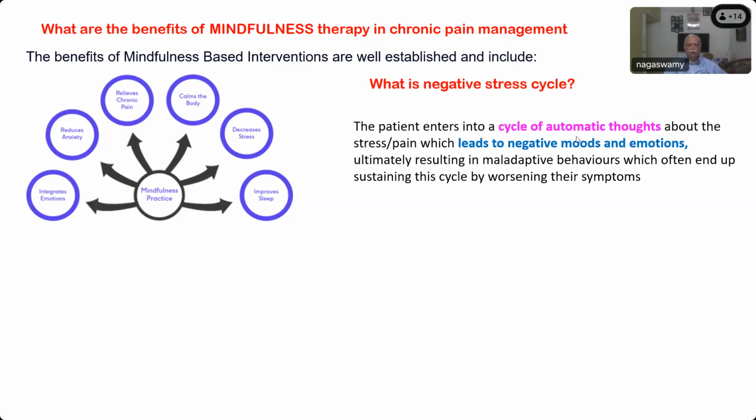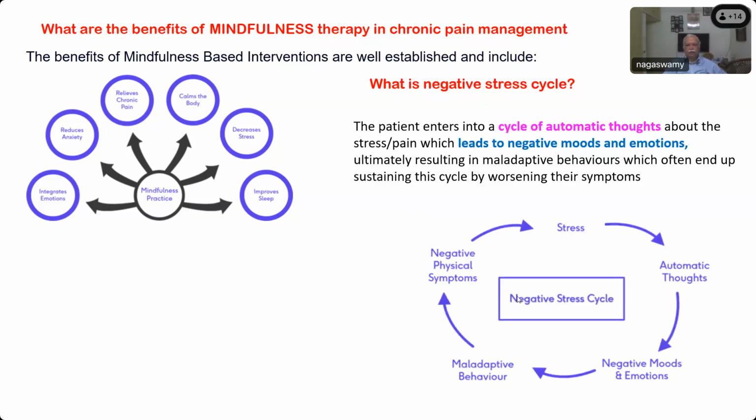So this has been found as one of the important reasons in patients with chronic pain. Previously, we used to say that they go into a state of depression and are not able to come out and are always complaining about the pain. But now they have analyzed that and found out why it is happening. So a cycle of automatic thoughts which lead to negative moods and emotions.